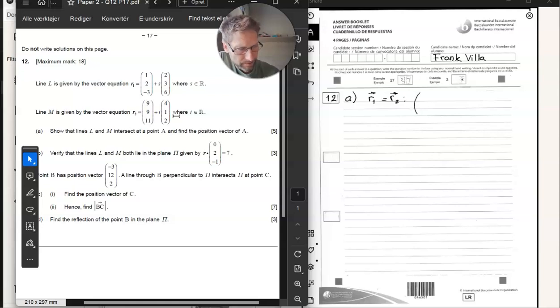And writing the vectors, we just put them together, we get 1 plus 2s and 2 plus 3s and minus 3 plus 6s. And I want that to be the same as the r2, which is 9 plus 4t, 9 plus t, and 11 plus 2t.